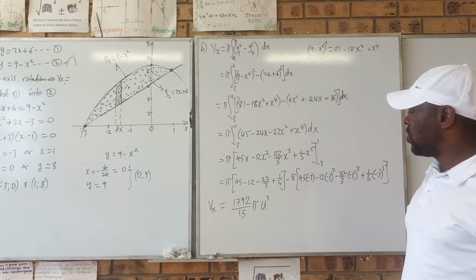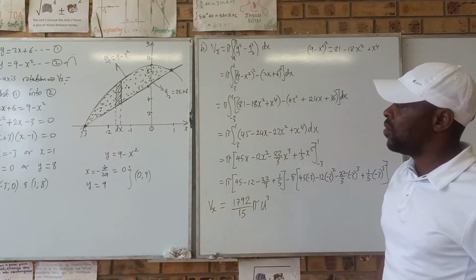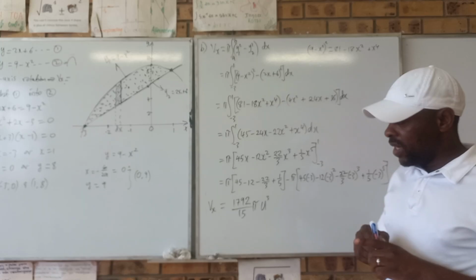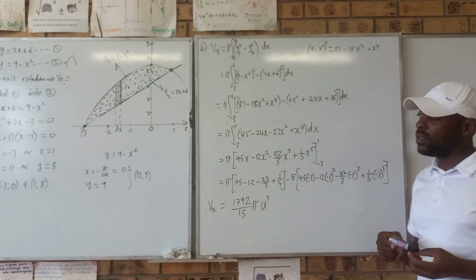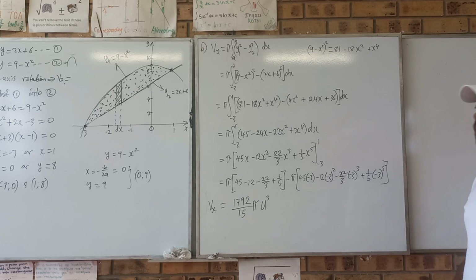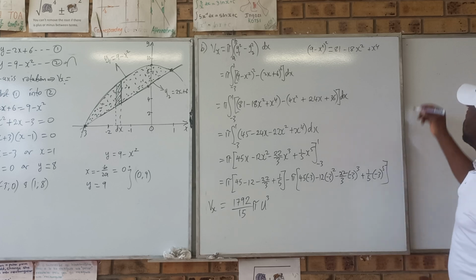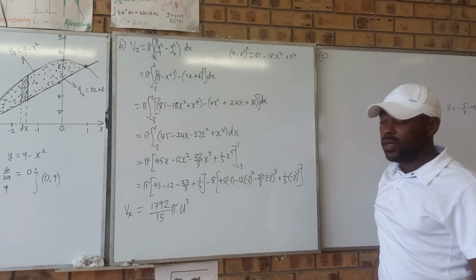So we can now go to the last part, the C part, where we should calculate the volume moment about the y-axis as well as the x-axis. That is what we'll be doing in the C part.